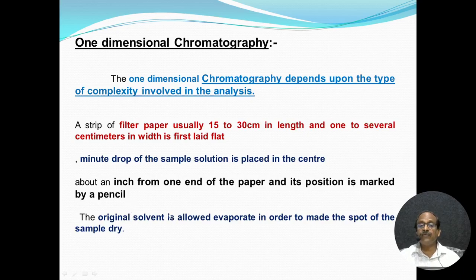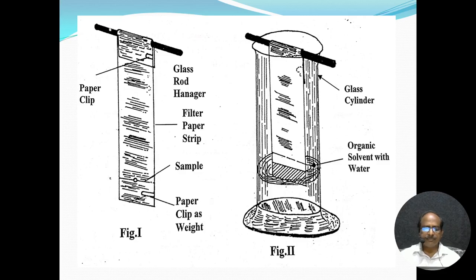The original solvent is allowed to evaporate, and the spot of the sample is allowed to dry. The mobile phase then carries the components, and then remove the paper from the chamber and dry it.